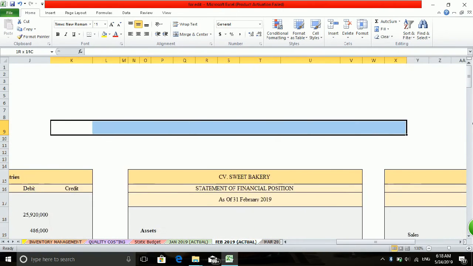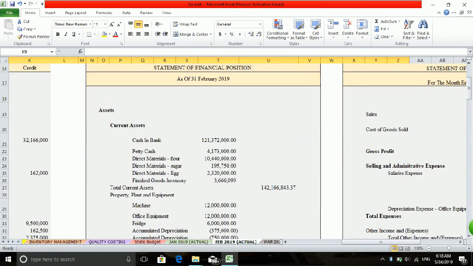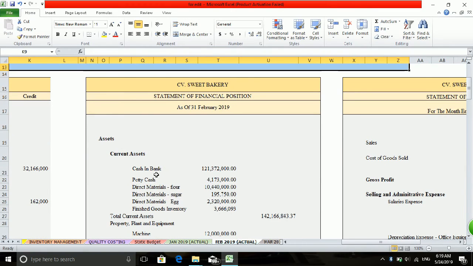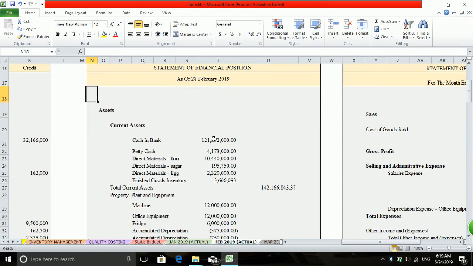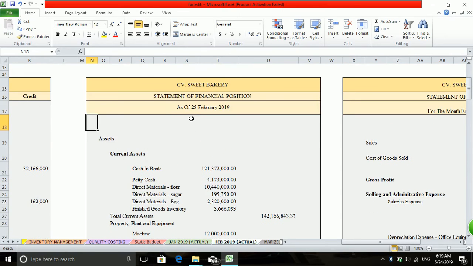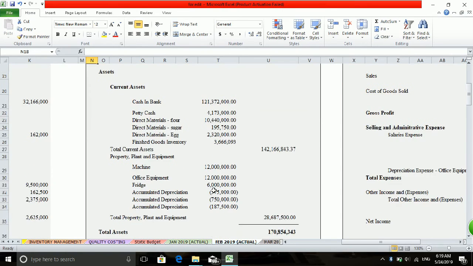we will be able to make the report like the statement of financial position. Sorry, this will be 28. This is the balance of the statement of financial position.